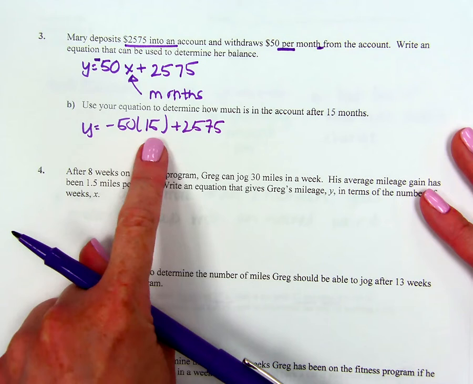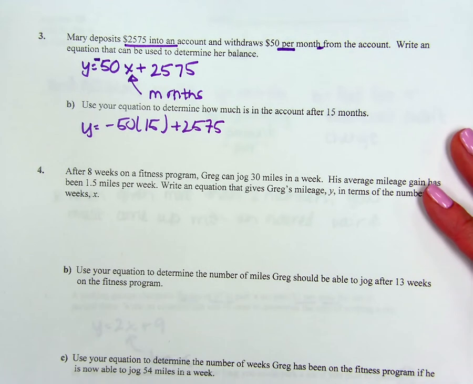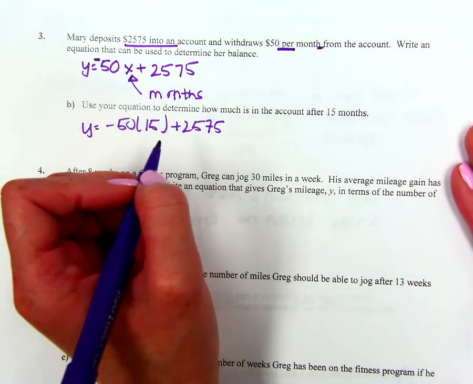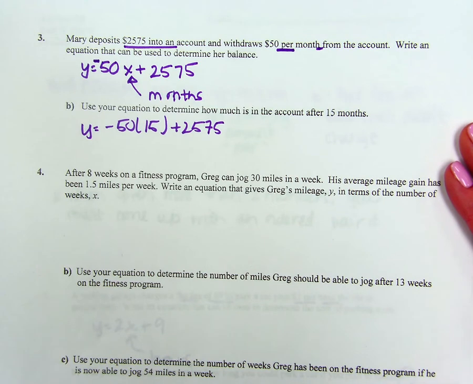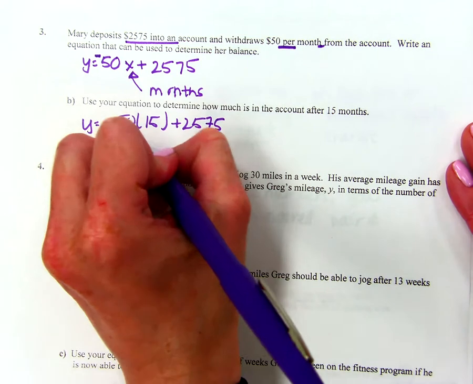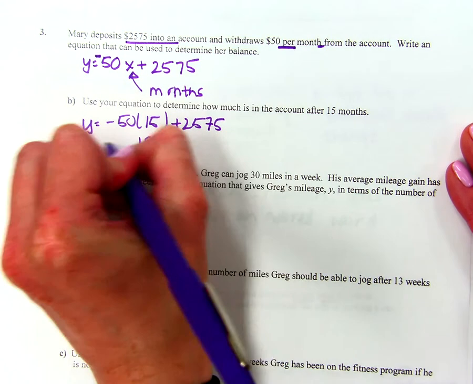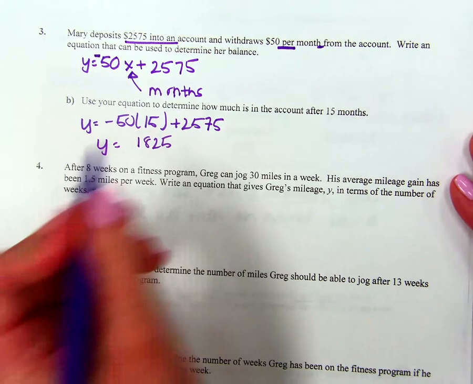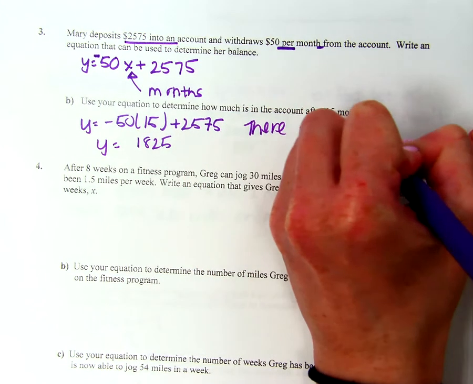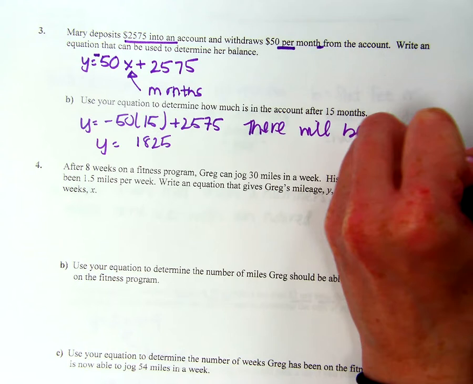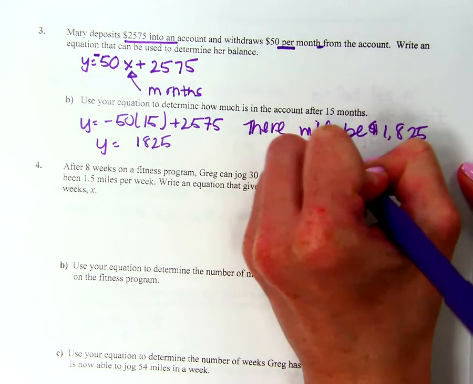I'm going to multiply negative 50 times 15 and I'm going to get negative 750, and I'm going to add that to 2,575, and I'm going to end up with 1,825. So there will be $1,825 in the account.